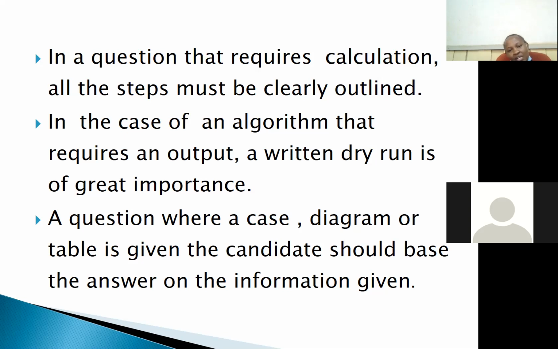A dry run is actually a process that shows where you are starting from all the way to the last step where you are required to get your answer. Again here, don't dry run a flowchart or a pseudocode in your mind and then give the answer. You are supposed to show how you are getting to the final answer, that is, how you are getting to the output that is required in that algorithm, that is a pseudocode or a flowchart.